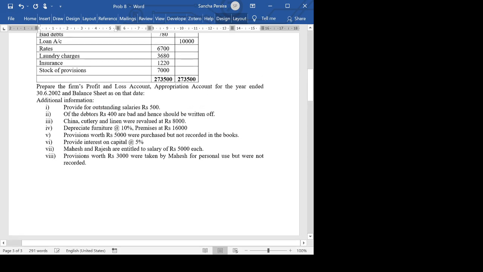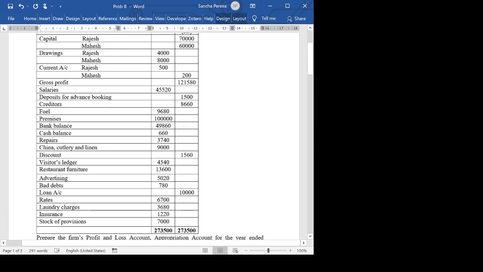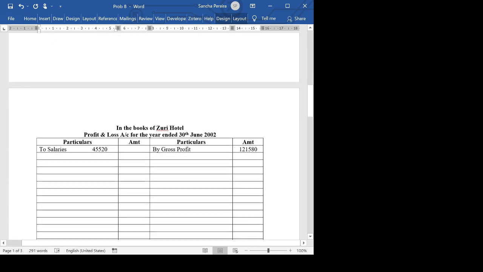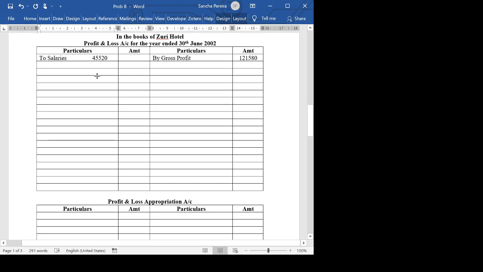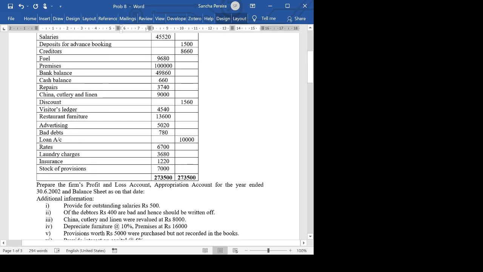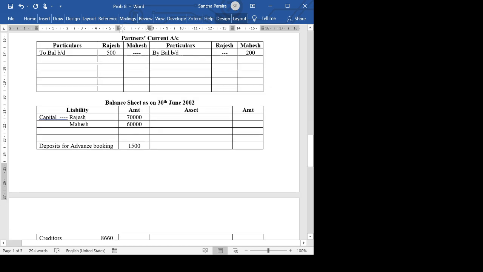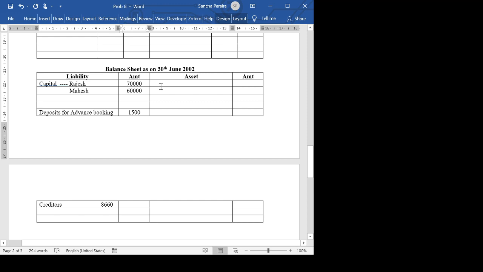Then there is fuel 9,680. I'll leave a line for that adjustment on salaries, 9,680. Premises 1 lakh. There's depreciation on this, so in the column, premises 1 lakh.